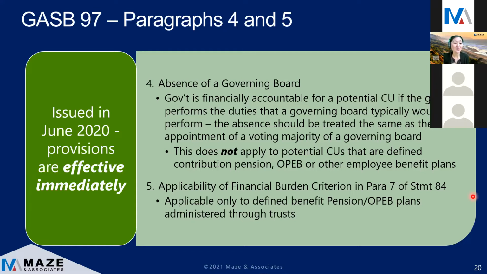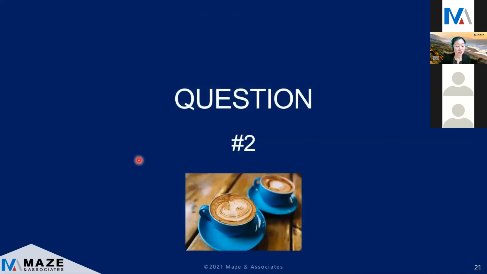And it says that it is only applicable to defined benefit pension and OPEB plans, because they were administered through a trust, as there was some question about that. So they just want to clarify that it's only applicable to defined benefit pension or OPEB plans administered through a trust. Okay? All right. Now we have polling question number 2.